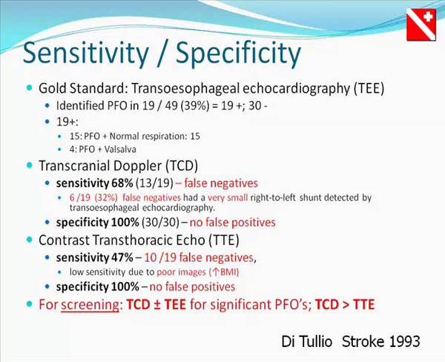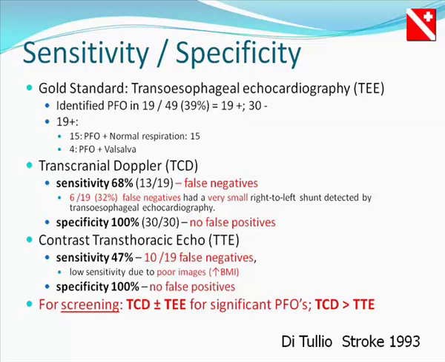So that's your population that was assessed. And that was using TEE as the benchmark. They then had transcranial Doppler, and the transcranial Doppler, which basically samples the circle of Willis during the contrast procedure, was able to detect 13 out of the 19 that had been found on TEE.